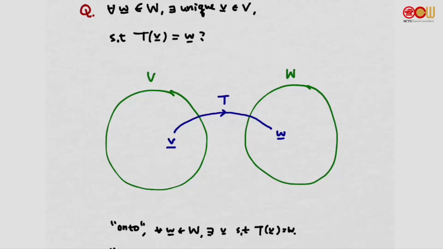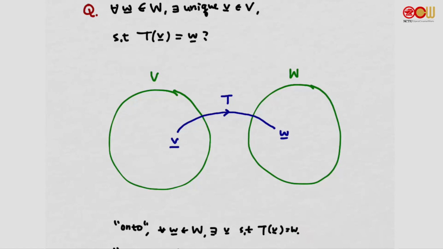It's an isomorphism, so it's onto. So any vector in W is the image of a certain vector in V.